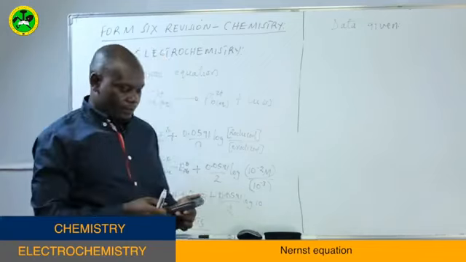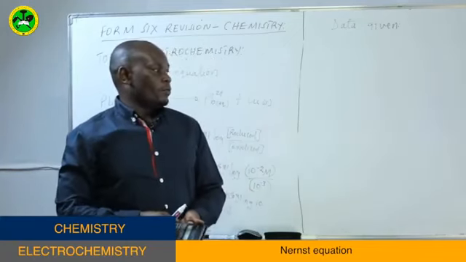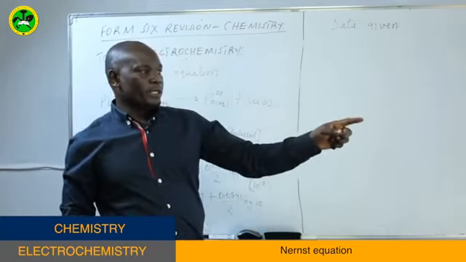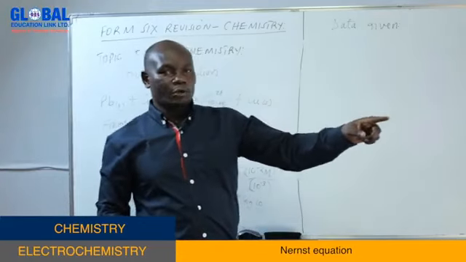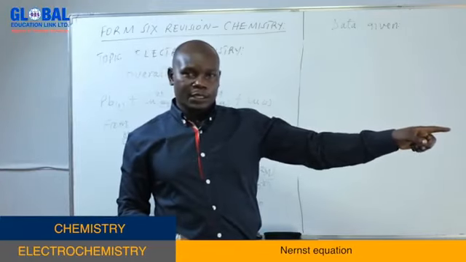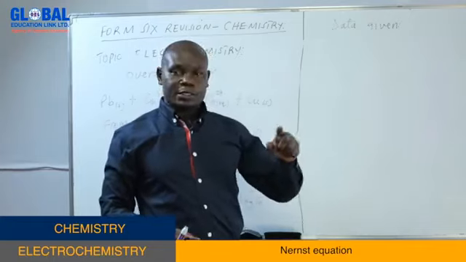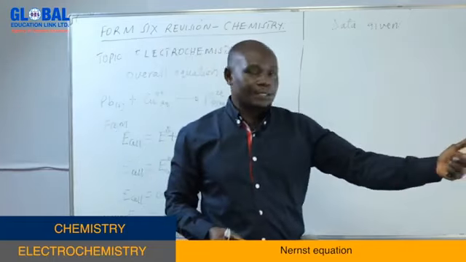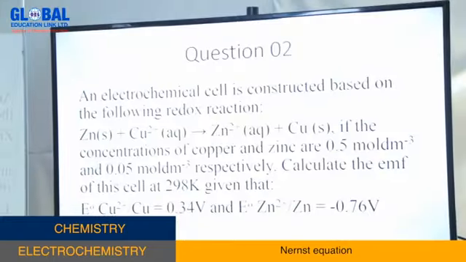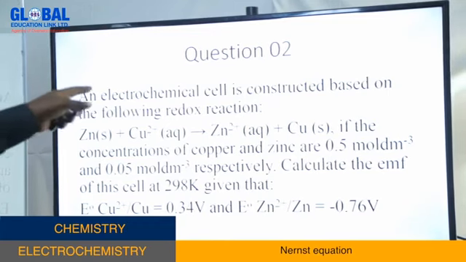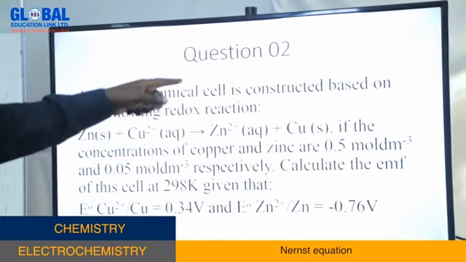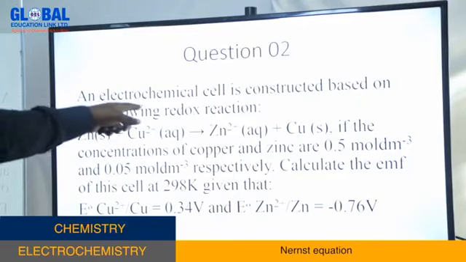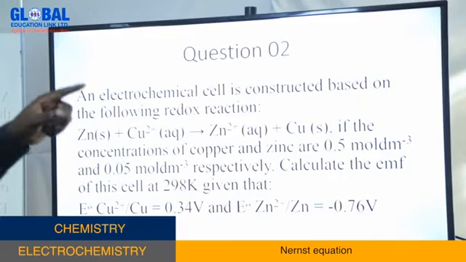From the second example, we are given that an electrochemical cell is constructed based on the following redox reaction. We have already been given the balanced redox reaction, so it is easy: zinc solid plus copper 2+ ions gives zinc 2+ plus copper solid.